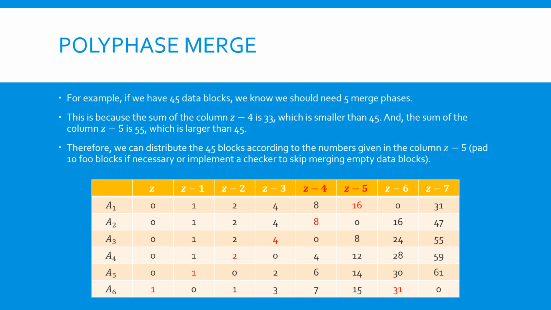In this case, we know that we can distribute the 45 blocks based on the numbers given in the z-5th column. Know that the 45 blocks we have are less than 55 indicated in the z-5th column. Similar to the two-way merge case, we might need to pad empty blocks or implement a smart checking mechanism before distributing the data blocks.